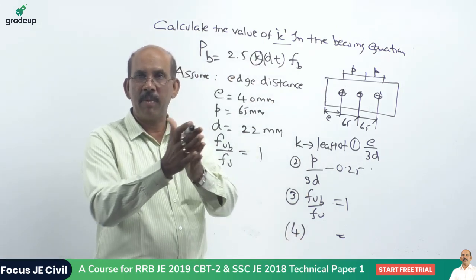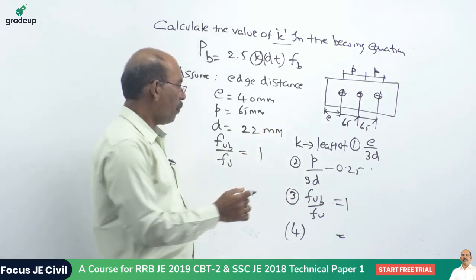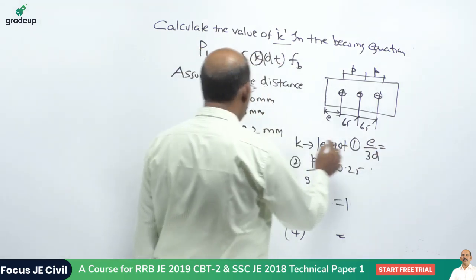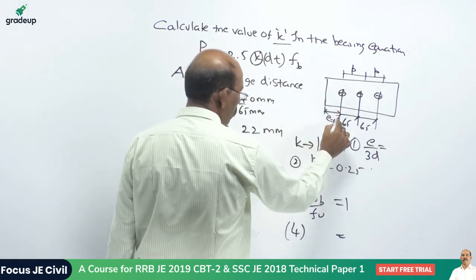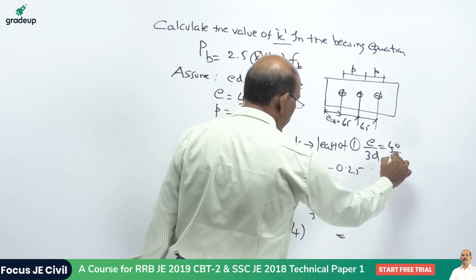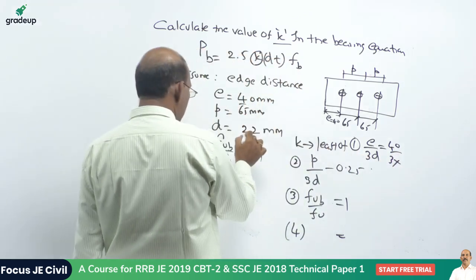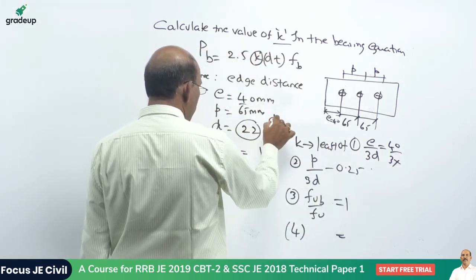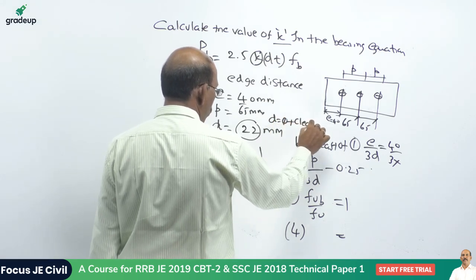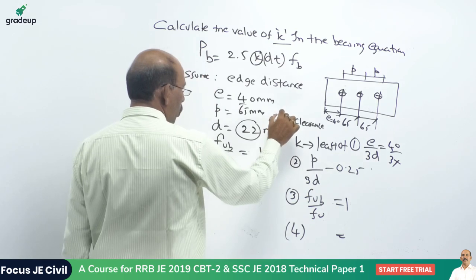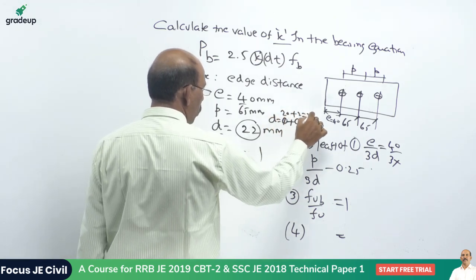It is very clear from the question. The pitch is given, and the edge distance is 40. So 40 divided by 3 times the diameter, which is directly given. D is equal to 20 plus clearance of 2, so it is 22.